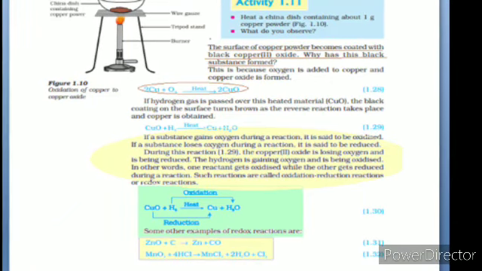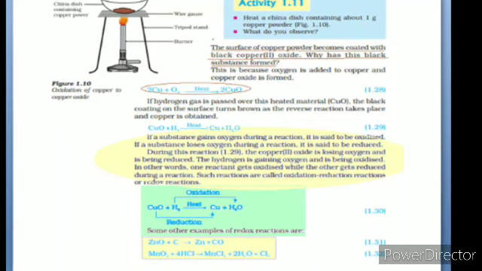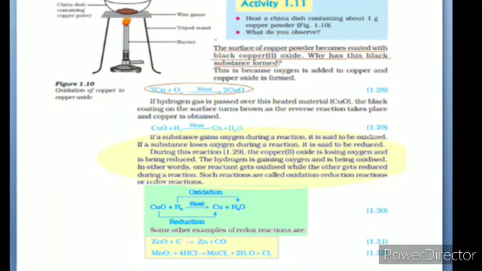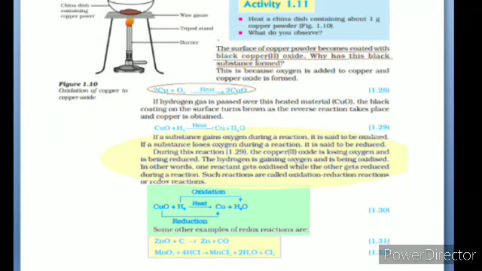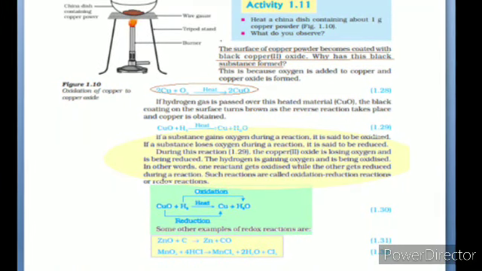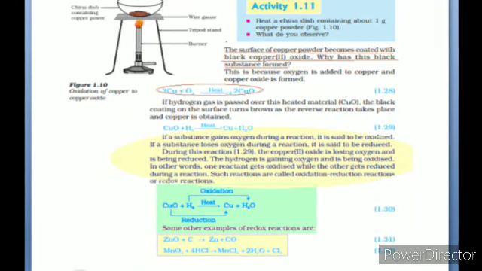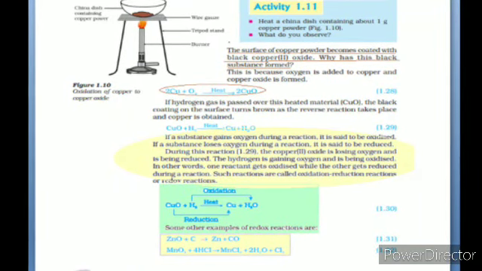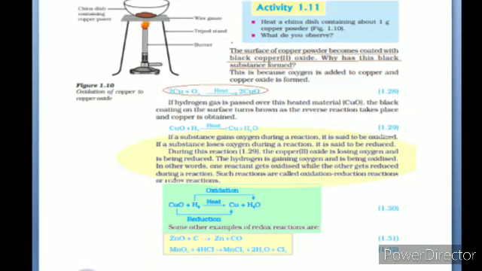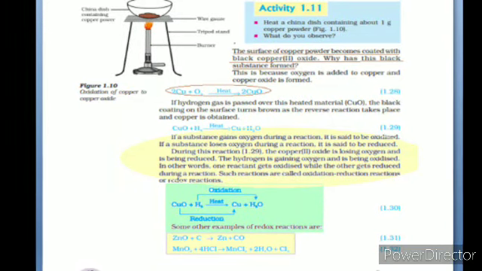Now on page number 12 of your NCERT, you will find the topic oxidation and reduction. Here they took the example of copper oxide. In this activity, they heated the china dish which contains 1 gram of copper powder.